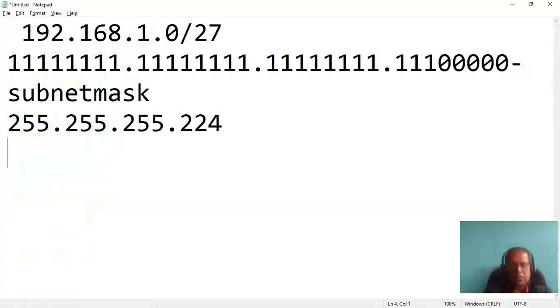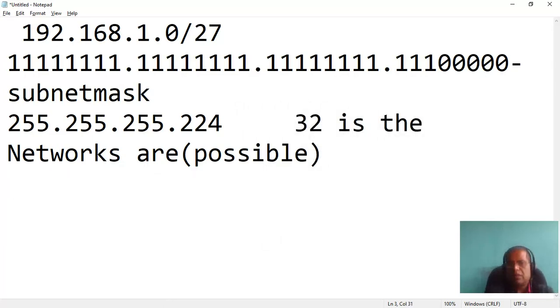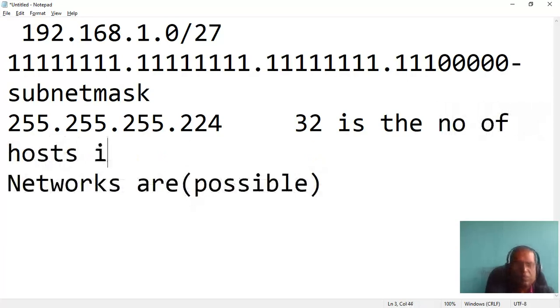So the possible networks are, we know that 32 is the number of hosts in a subnetwork.